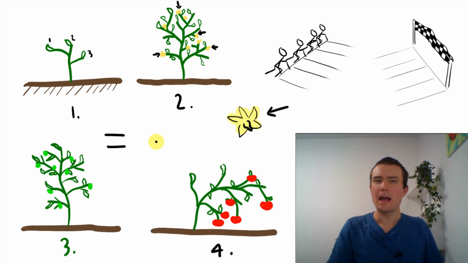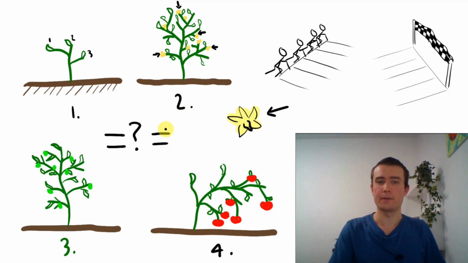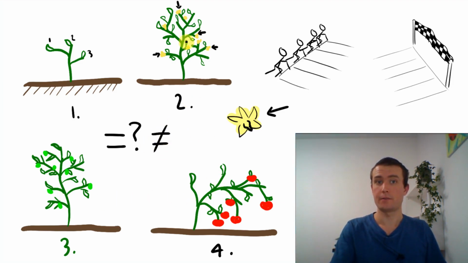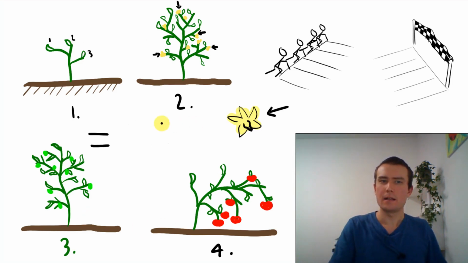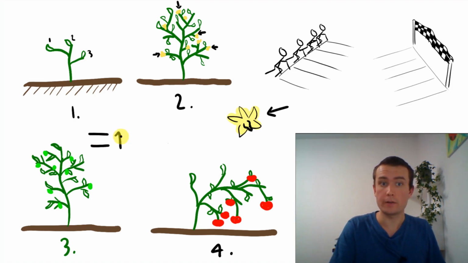How can the same plant look different? These 4 plants all look different from each other. How can the same plant be both short and tall?